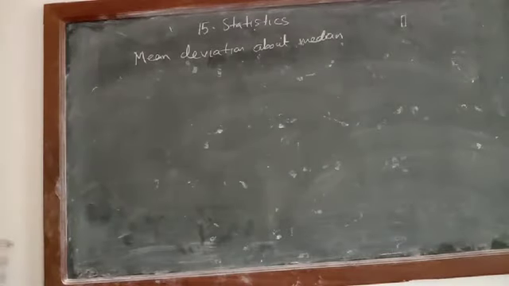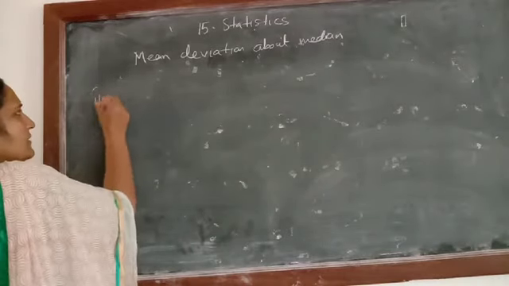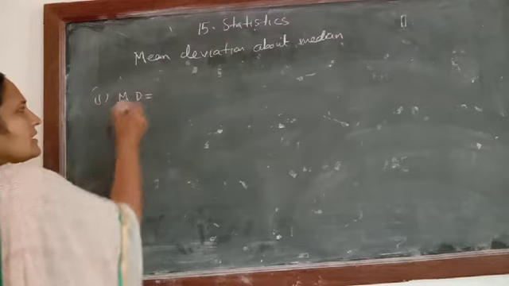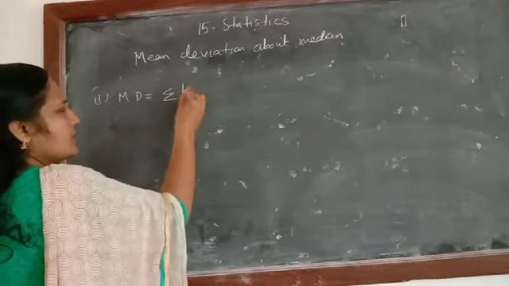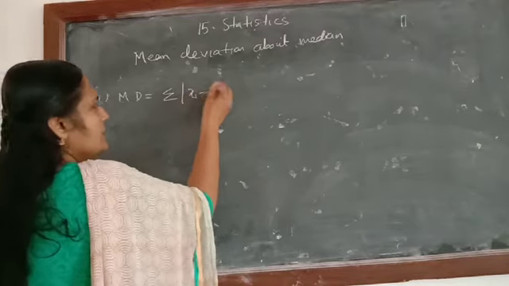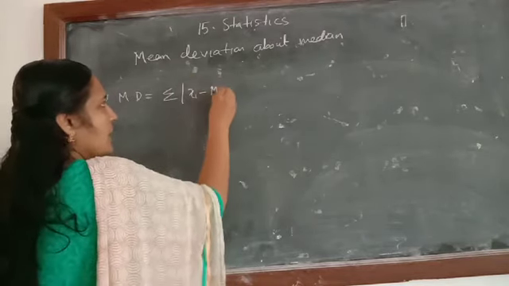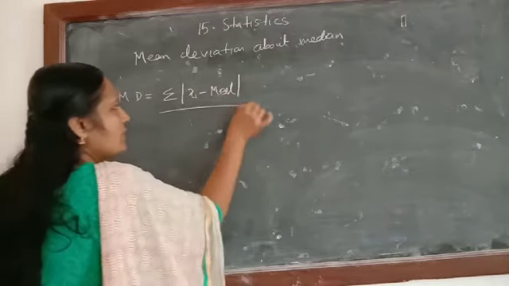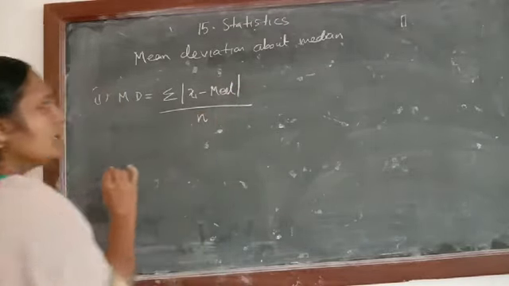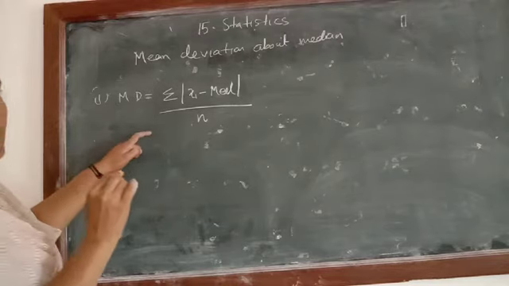After that, how to calculate the mean deviation? Like the first case, when only observations are there, as we did yesterday, mean deviation is sigma modulus of xi minus x bar by n. In place of x bar, what do we have here? Median. So modulus of xi minus median by n when observations are given.